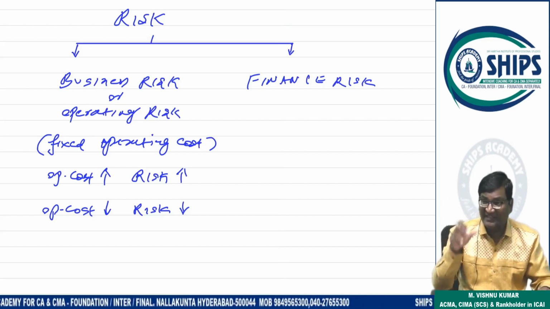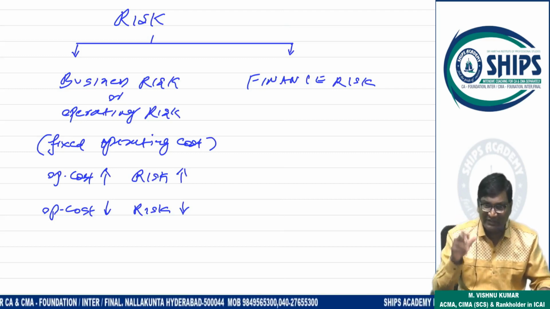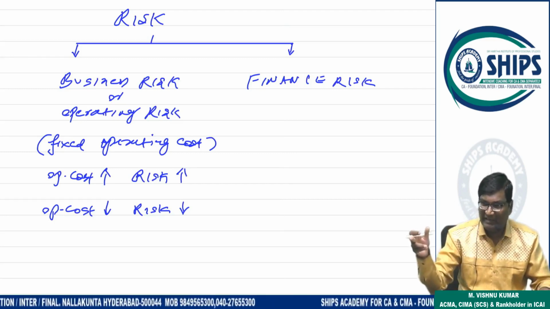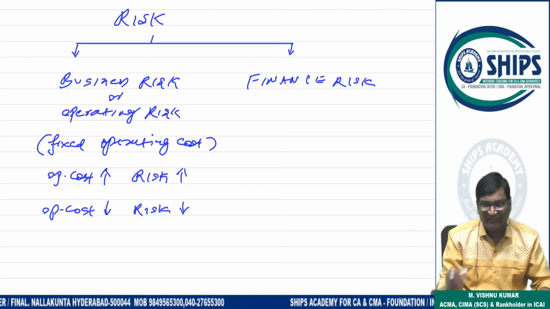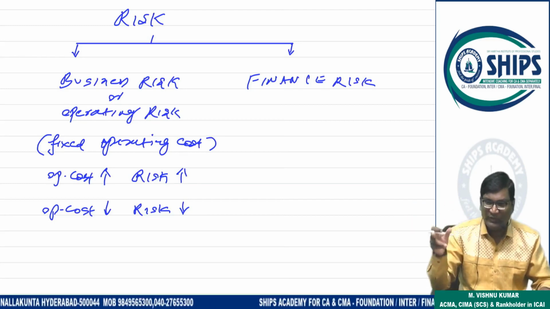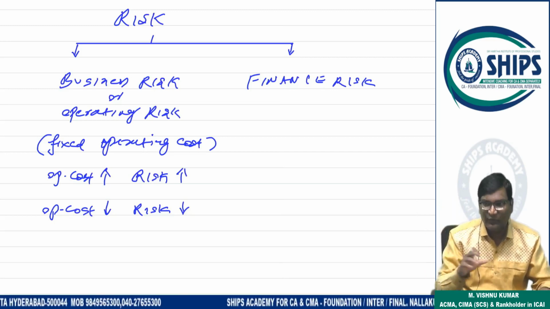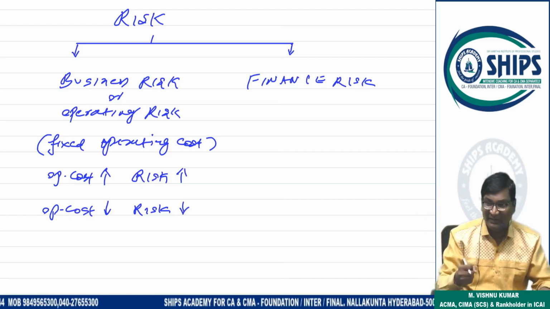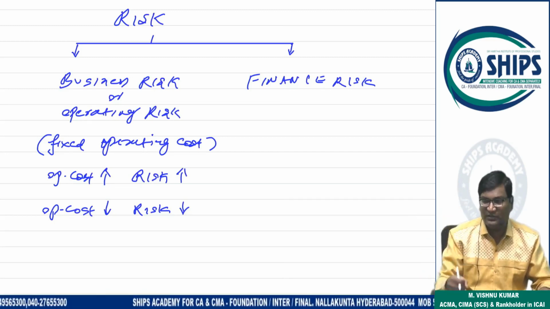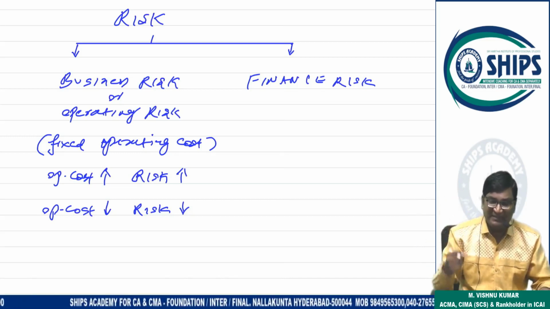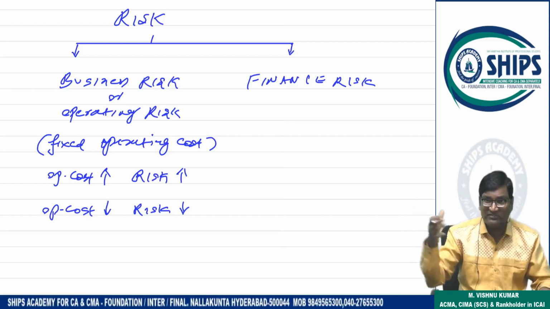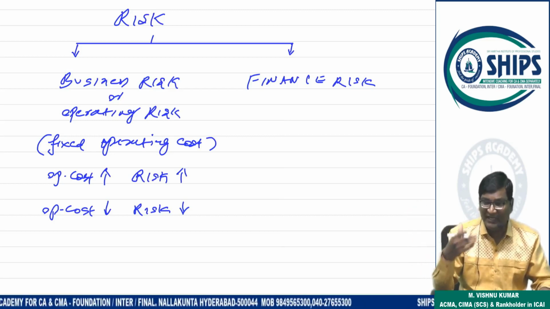Now, when risk is increasing, earning should also increase, or not? If earning is not increasing, do you want to appoint extra staff, take extra premises and pay extra rent? No. If there is a signal that my business and earnings will increase in future, then if I appoint extra staff, it will be convenient for me.